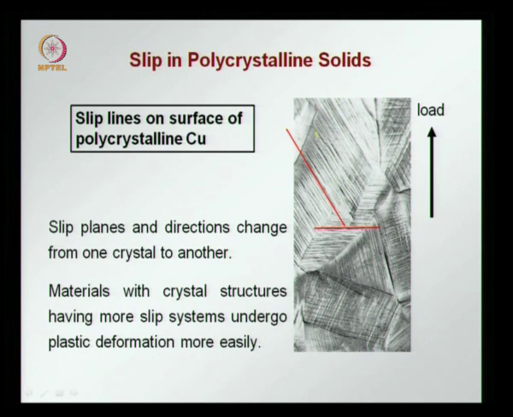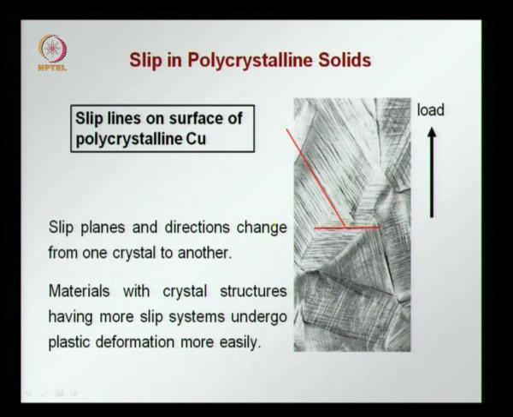Now when you see a polycrystalline material such as copper, you have different crystals, and you can see the crystal planes along which slip will occur. If you apply load, you find that slip will occur along this red line in this crystal, but to continue it will have to change direction and slip will have to occur along another direction in the adjacent crystal.